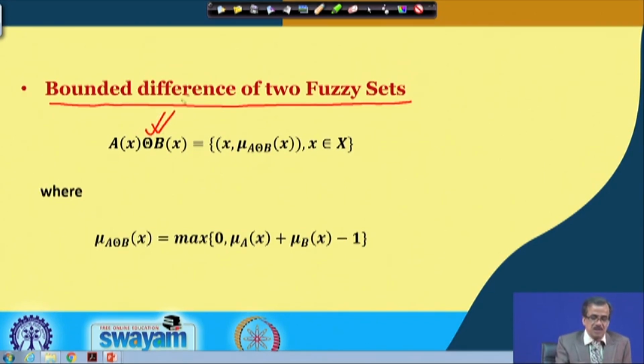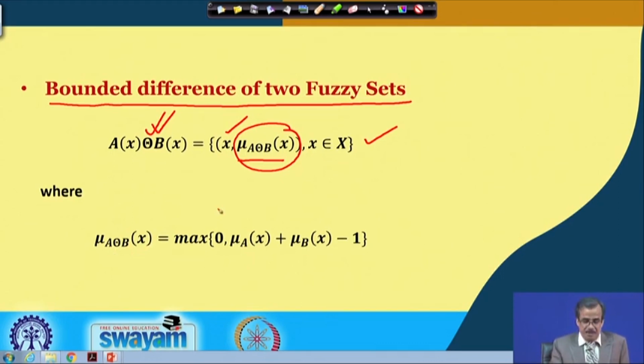This particular symbol is the symbol for the bounded difference, and it is the set of x with membership function value mu of A bounded difference B at x, where x belongs to capital X. Now, how do we define this membership? Mu of A bounded difference B is the maximum between two quantities: one is 0 and the other is mu A(x) plus mu B(x) minus 1.